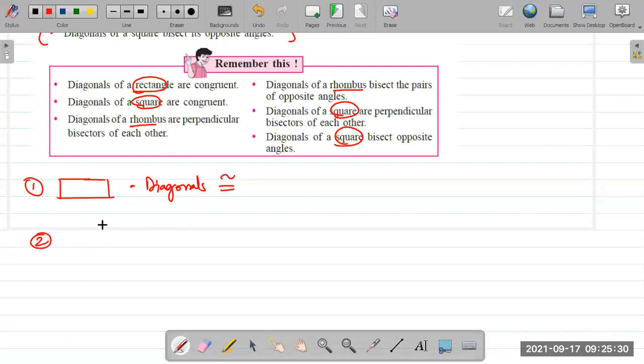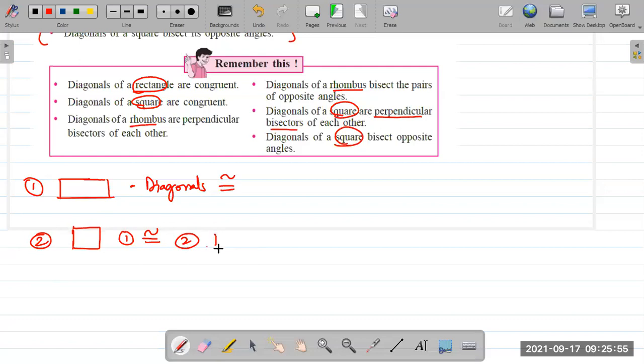Okay. Secondly, for a square, try to see there are three properties for diagonals. So first thing is that the diagonals are congruent. Now no need to write diagonals because all these properties are for diagonals only. Okay, so first thing, the diagonals are congruent. Secondly, the diagonals are perpendicular bisectors of each other.